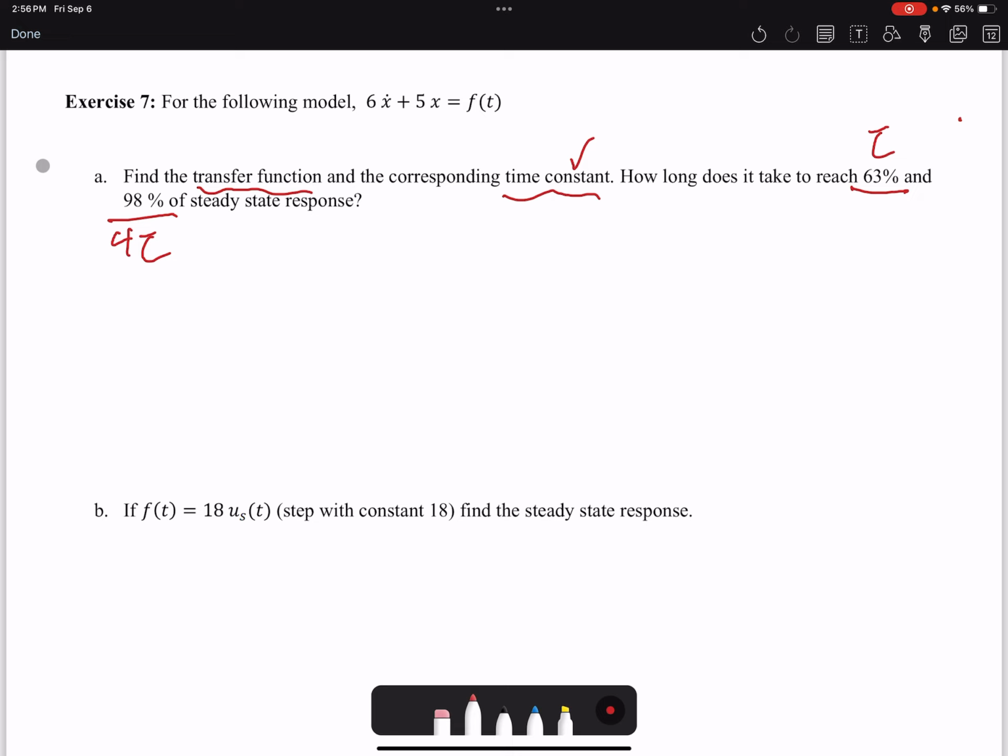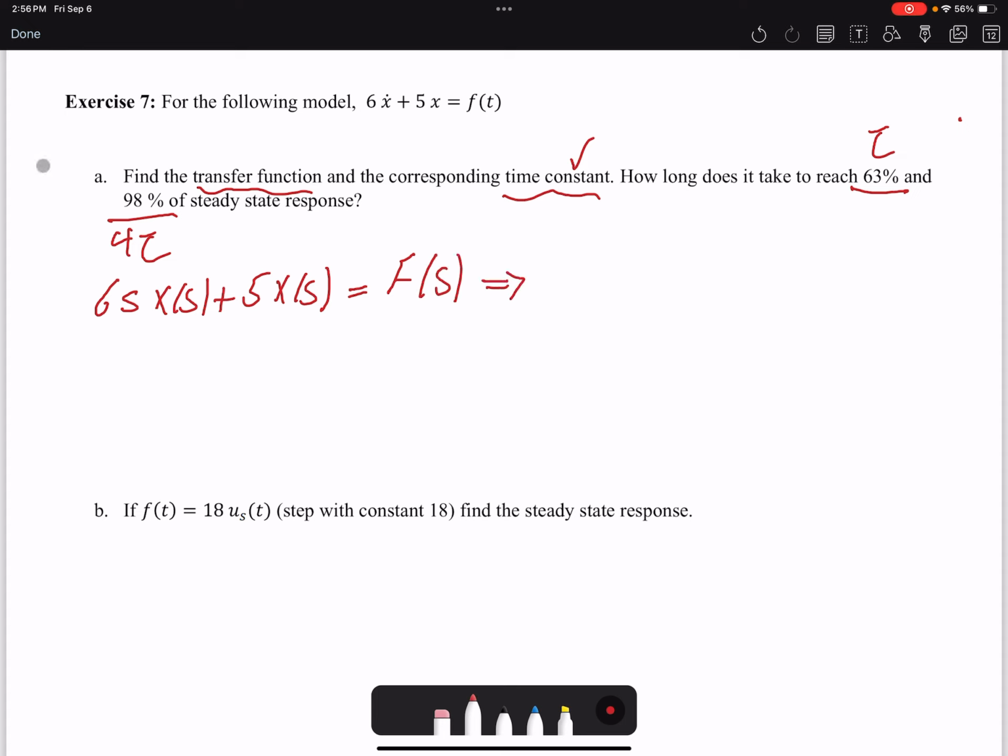For finding the transfer function, we need to take a Laplace transform, and the initial condition is already assumed to be 0 because we are going to find the transfer function. So we have 6sX(s) plus 5X(s) equals F(s).